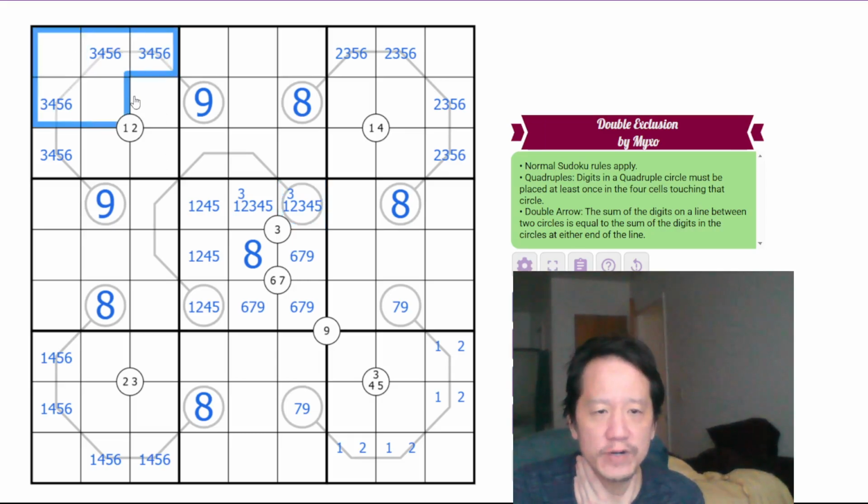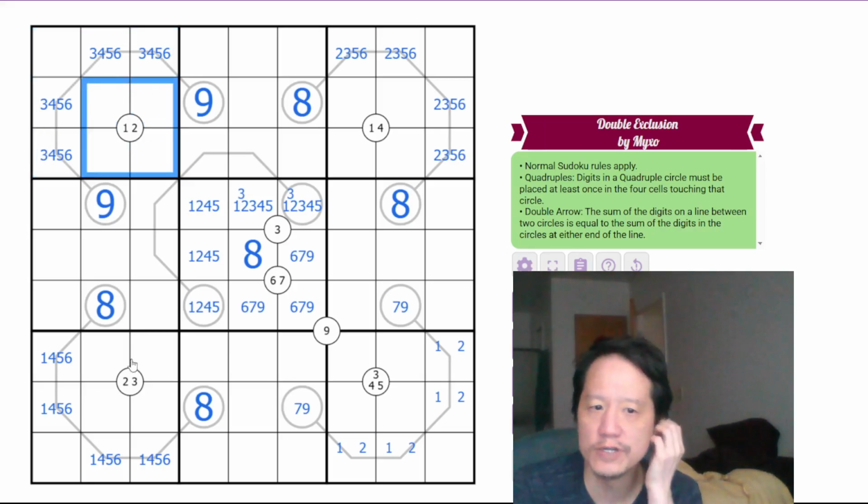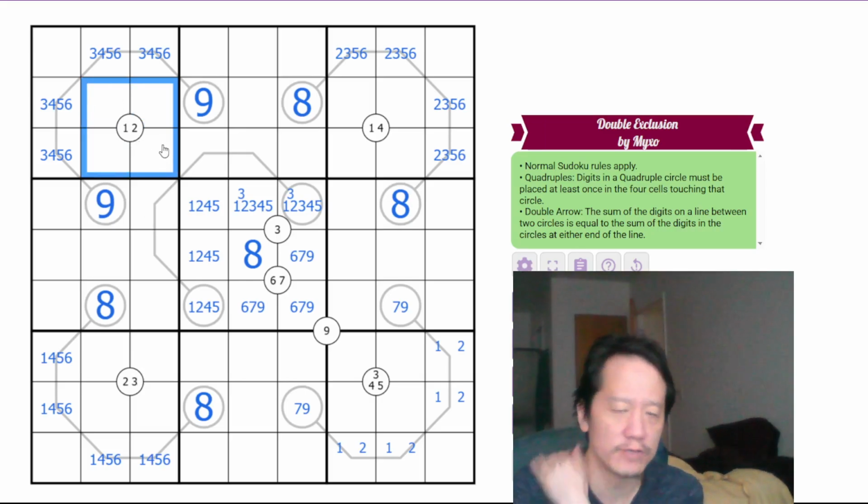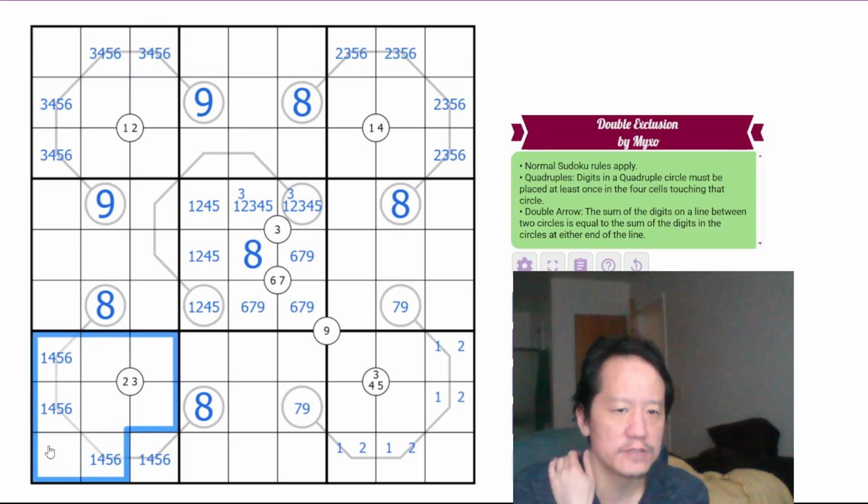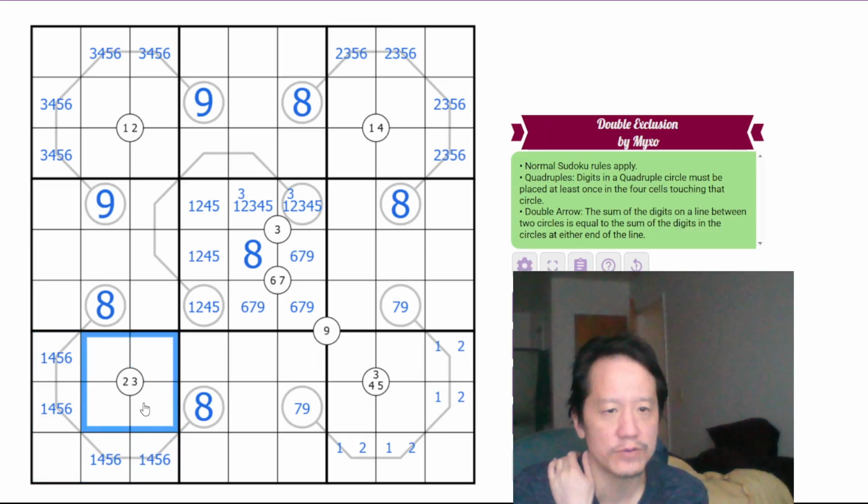In this box, we know the 1 has to be in rows 2 or 3. Actually, the 2 has to be in rows 2 or 3. In this box, we know the 2 has to be in rows 2 or 3 also.